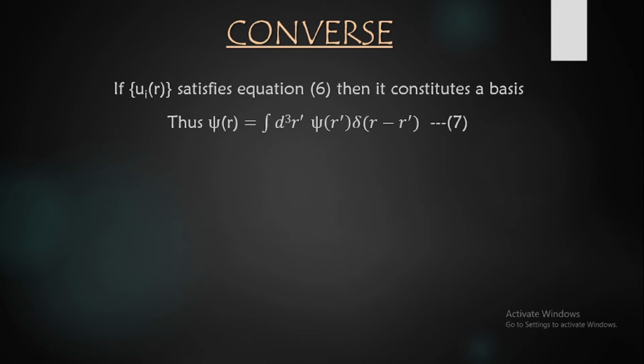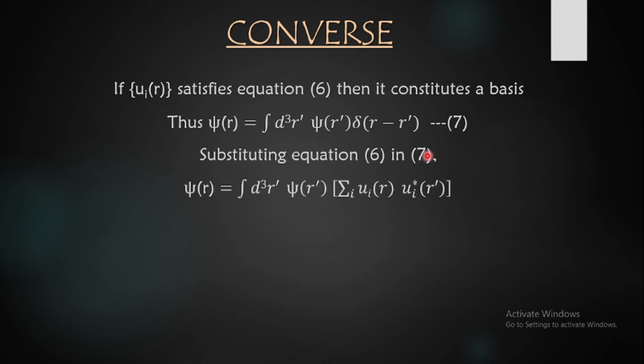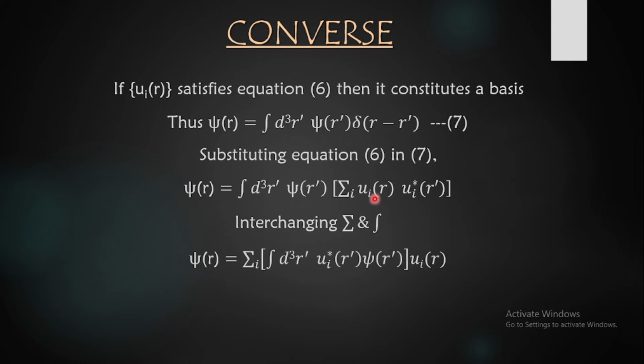Then we will substitute equation number 6 for delta of r minus r dash in equation number 7. And when we do so, we can observe that we are getting equation number 4. So again, interchanging summation with integration, we get equation number 4. Earlier it was the previous step of equation number 5. Now by interchanging, we get equation number 4 itself.